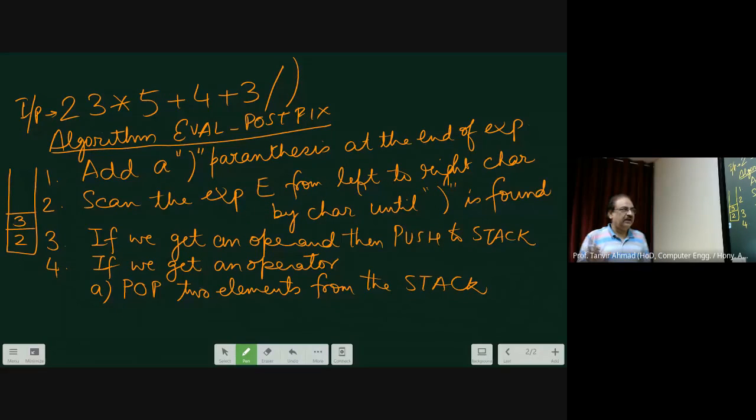Now I will be popping 2 elements and then I will apply them.